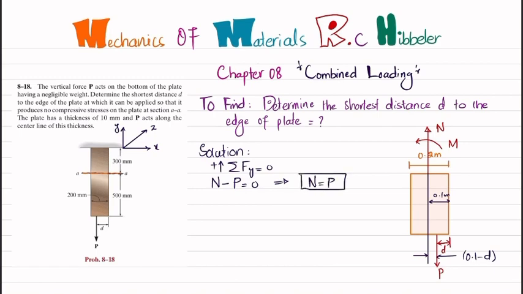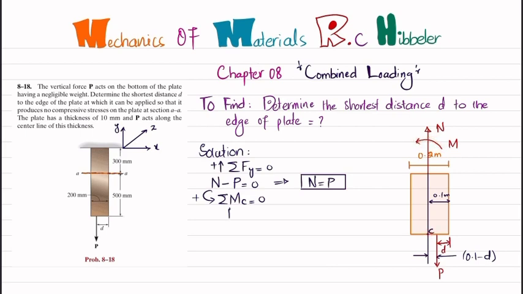Now we will find the moment. So the sum of all moments, and let this point be point C. The sum of all moments about point C is equal to 0, taking the counterclockwise moment as positive. So about point C, one moment is this one, which is counterclockwise, so it will be positive.